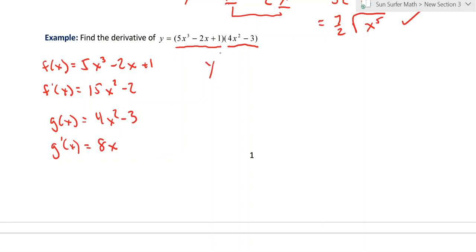Y prime is f prime g plus f g prime. So the derivative, f prime, is 15x squared minus 2.